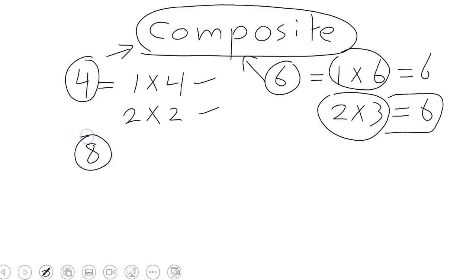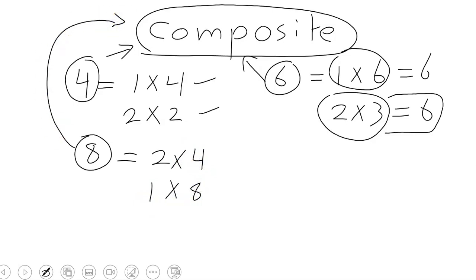What are the factors other than 1 and 8 to make 8؟ ما بدي 1 و8، أريد أرقام أخرى. 2 times 4 and I can use 1 times 8. See? So this is a composite number، عدد مركب، يعني أقدر أصنعه بأكثر من طريقة بعوامل مختلفة.